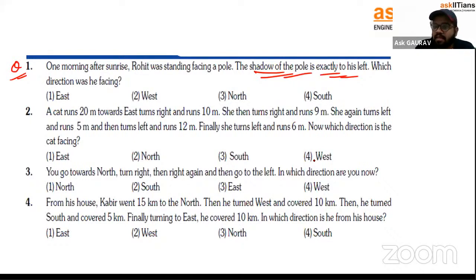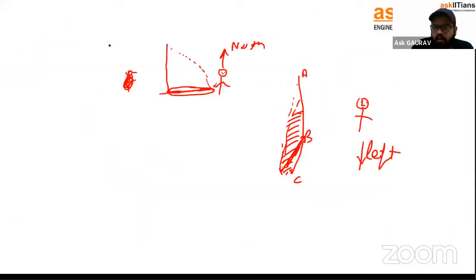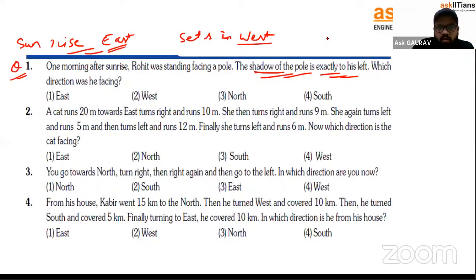The sun rises from the east and sets in the west. It means the sun is here. That's why the shadow of the pole will be in the BC direction, right? Which direction is this? This direction is your east direction.